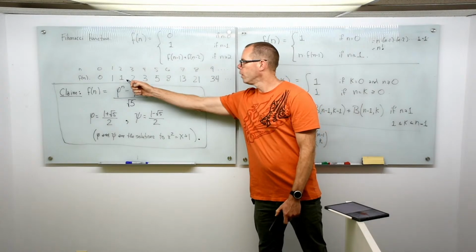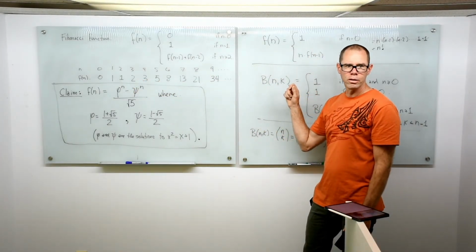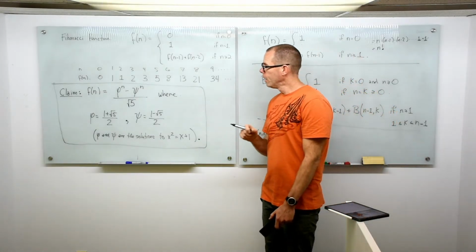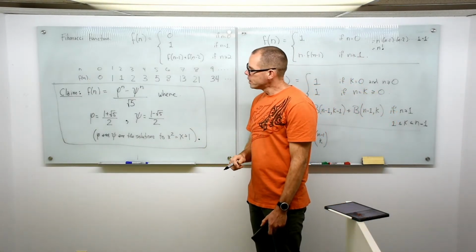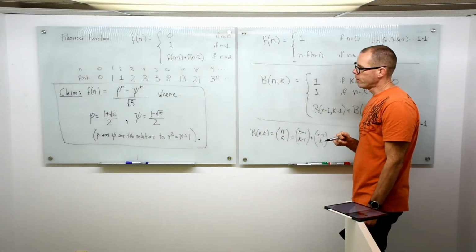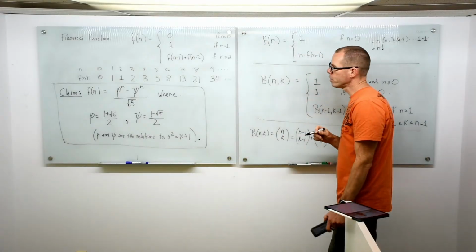So certainly all the values of the Fibonacci function are integers. Now, there's this insane claim here that says, actually, here's how I get the value of the nth Fibonacci number if I don't want to use the recursive definition.